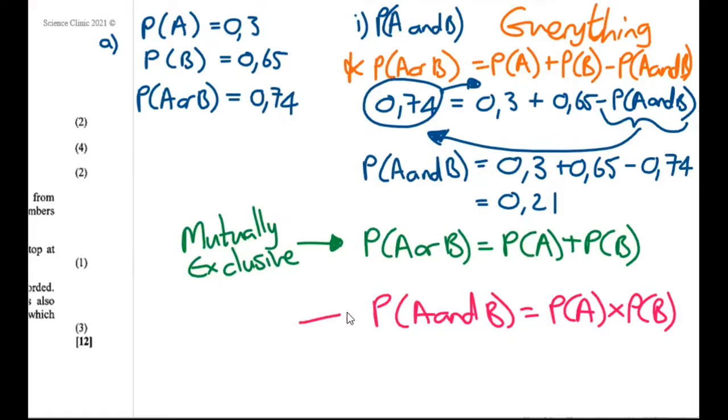The pink one is only valid for independent events. The example I gave you was rolling a dice for a prime number or an odd number. Every single time I roll, it is a new roll. It's got nothing to do with what happened in the previous roll.